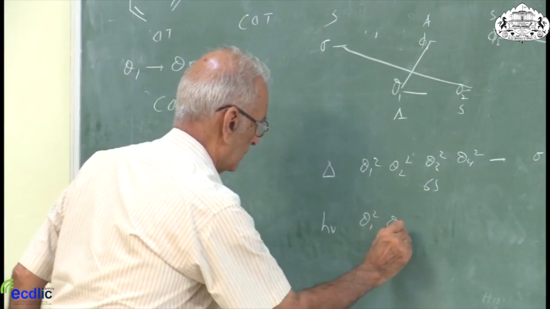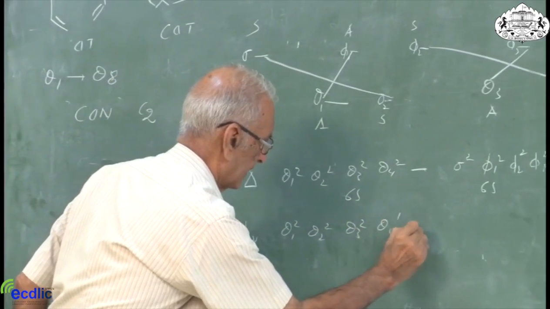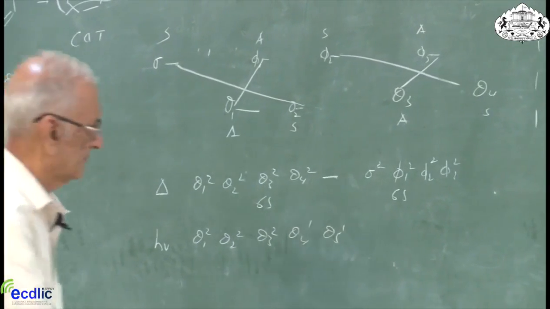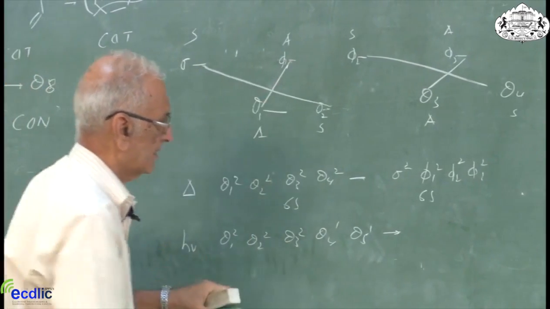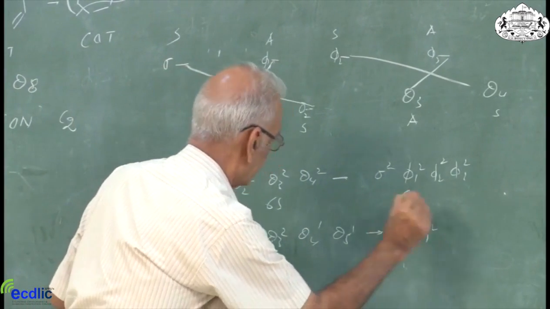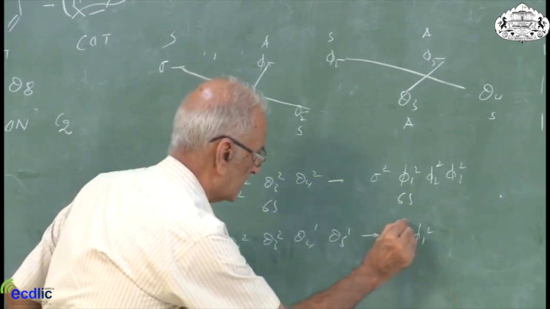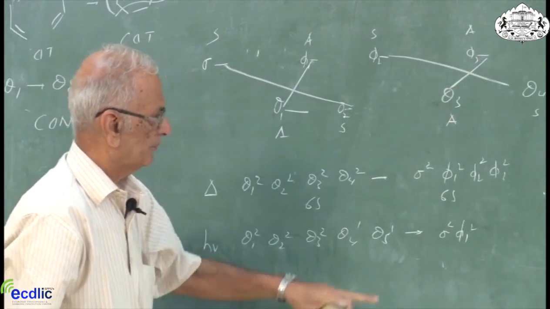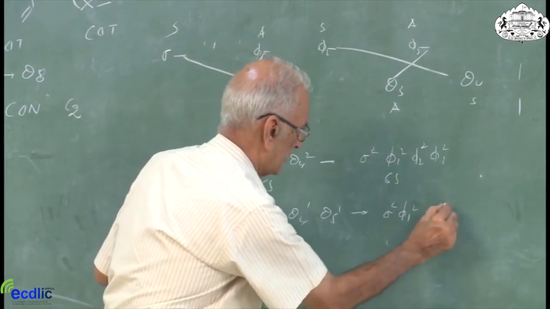Theta 1 squared, theta 2 squared, theta 3 squared, theta 4 to the 1, theta 5 to the 1. Theta 1 squared has gone into phi 1 squared. Theta 2 squared has gone into sigma squared. Theta 3 squared has gone into phi 3 squared.